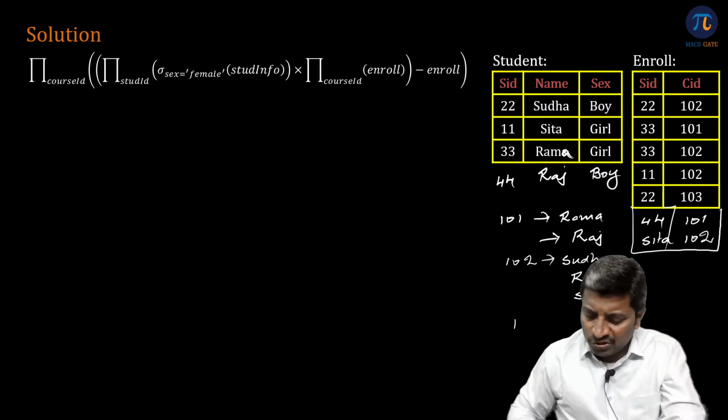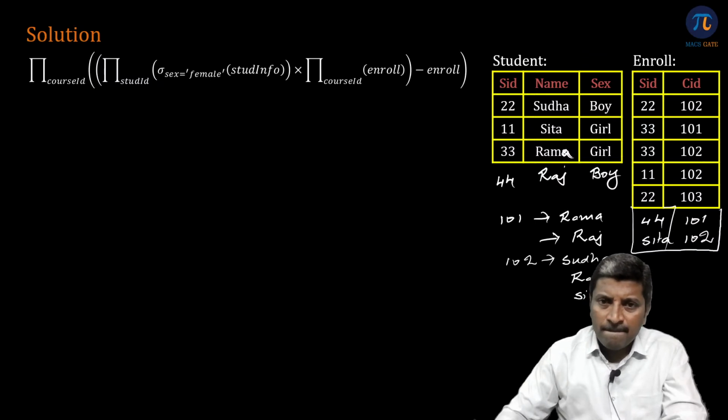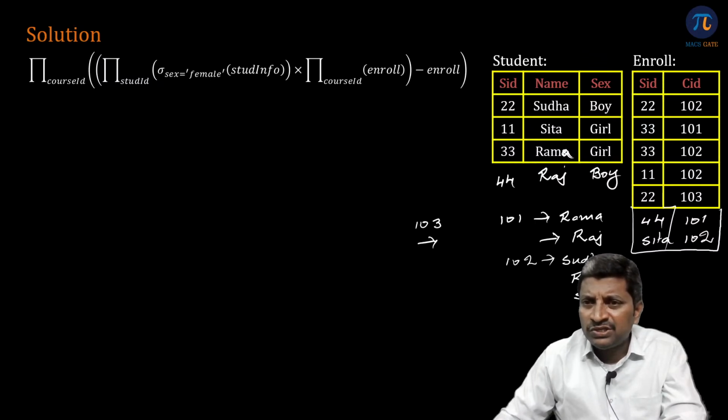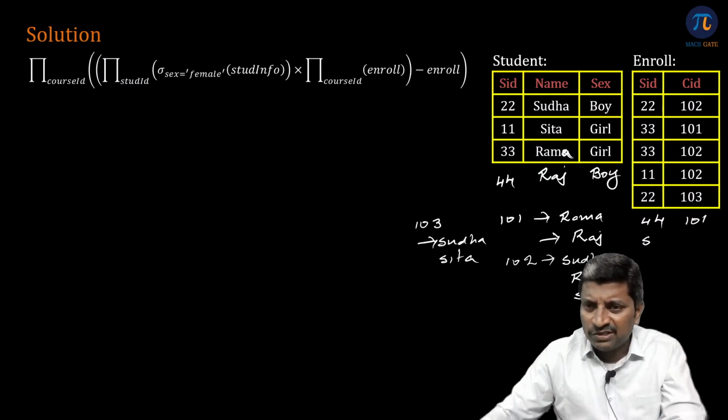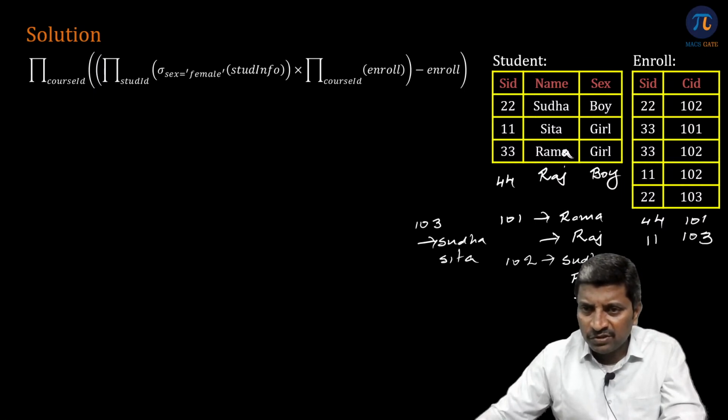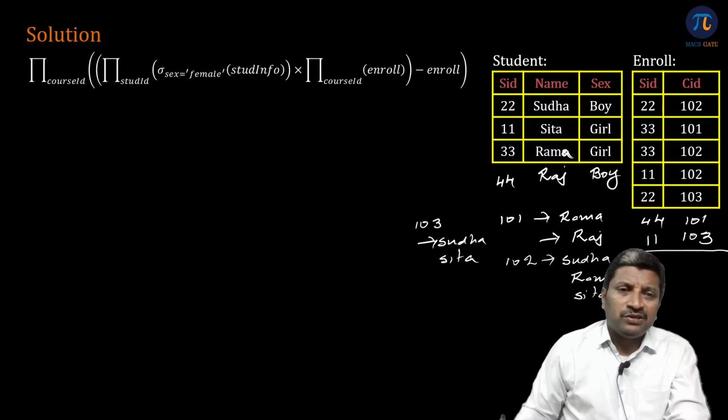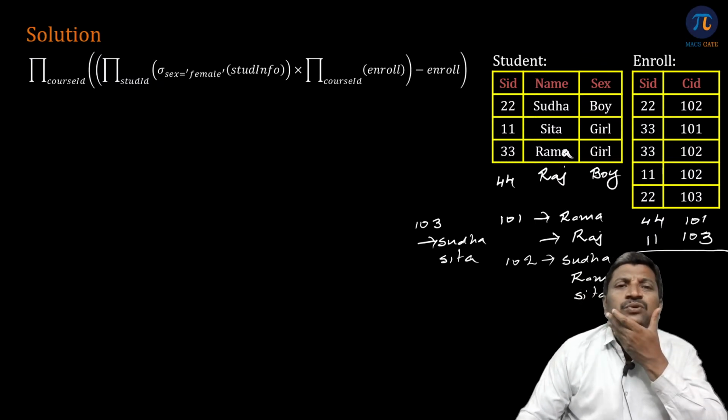Then 103. 103 is taken by 22. 22 means, let me write it. This is 103. 103 is taken by Sudha. Then I want Sita, right? Sita. Actually, we're supposed to write like this. 11, 103. Fine. Right. Now, what we need to do?